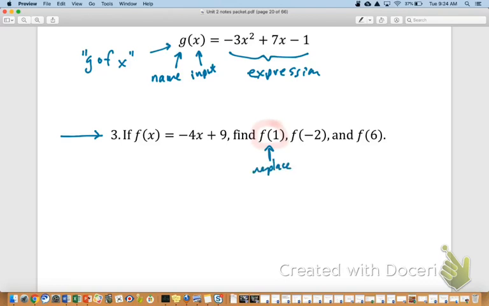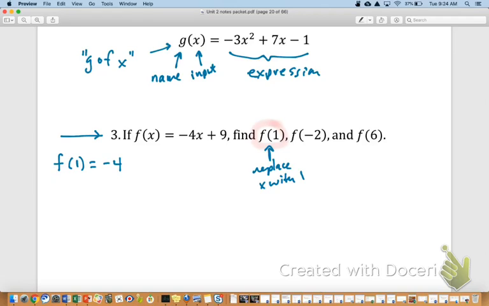We're going to evaluate this function, f of x, when x is 1. So to do that, I'm going to come over here and say f of 1 equals, and I know that my rule, or my expression, is negative 4x plus 9, so this will be negative 4. And what do I replace the x with? 1, yep. And then plus 9.